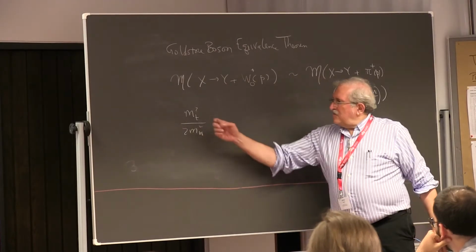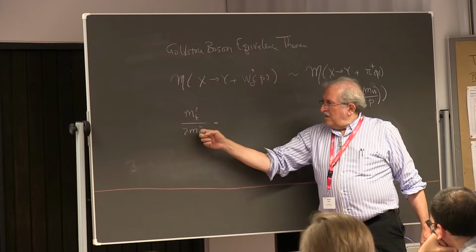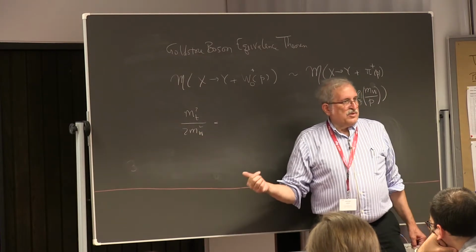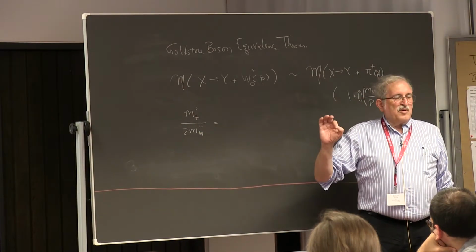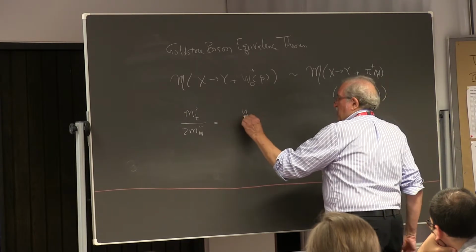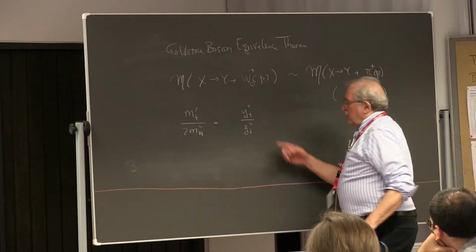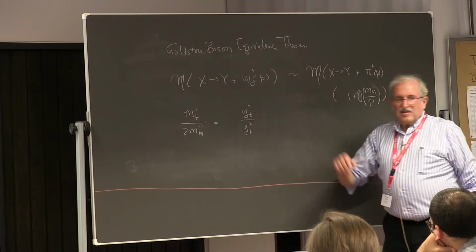Now, remember that mt is proportional to the top Yukawa coupling, and mw is proportional to the gauge boson coupling, G, both times V. So if I write this as the top Yukawa coupling squared over G squared, the V's cancel out, and it's exactly this ratio.